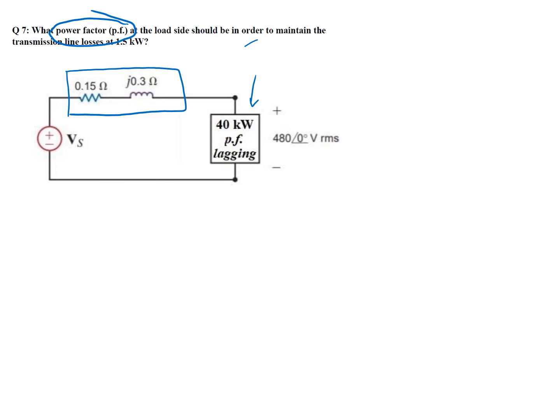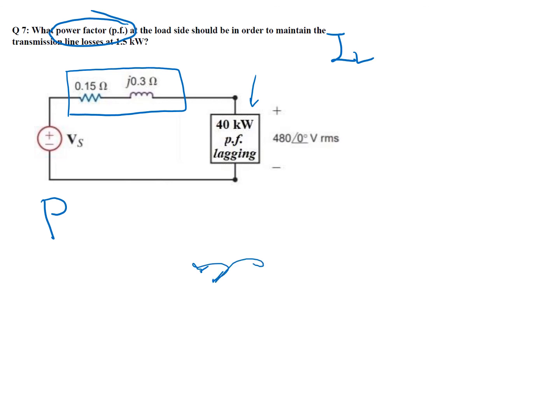For this type of question, the first step is always to find IL, the current flowing through the wires, or this whole loop.